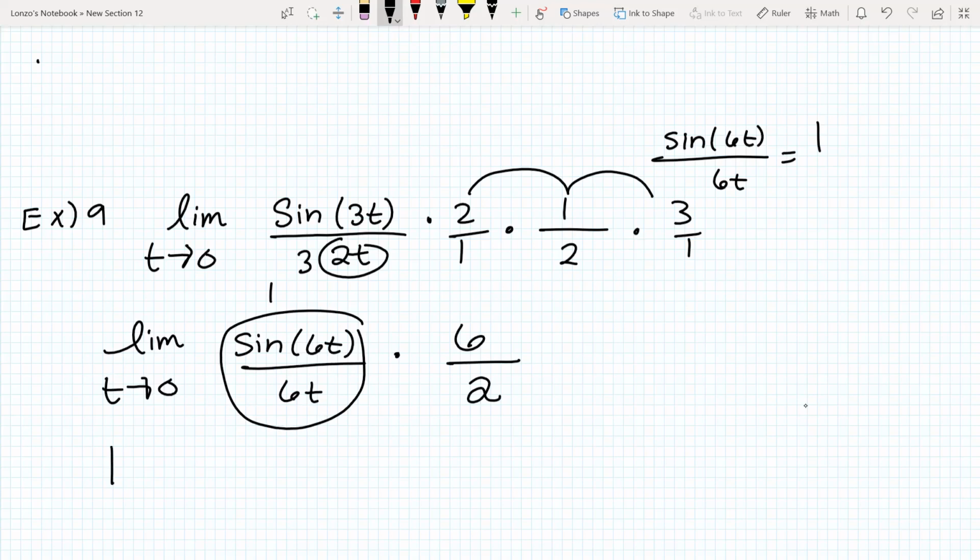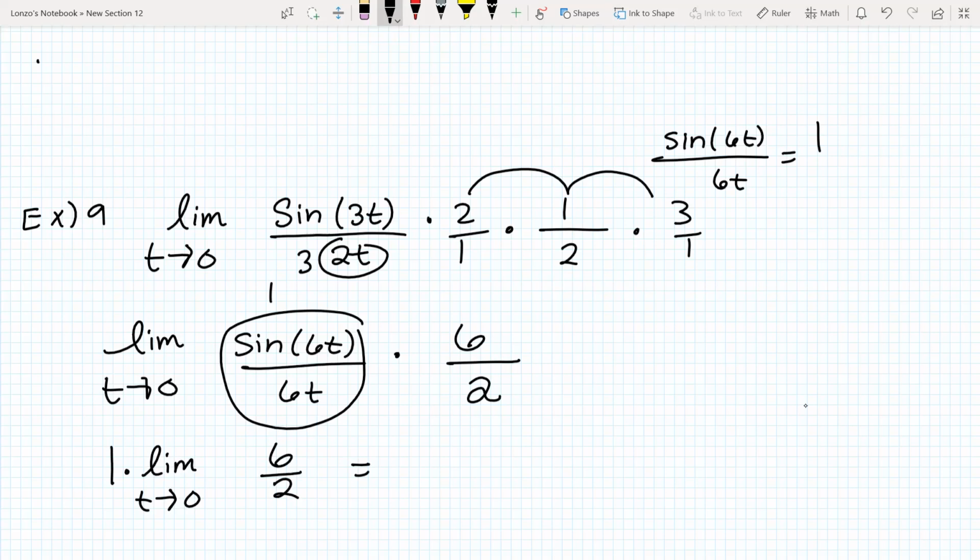So it's going to be 1 times the limit as t approaches 0 of 6 over 2. So the limit as t approaches 0 of 6 over 2 is just going to be 3. Actually, it should be 3.